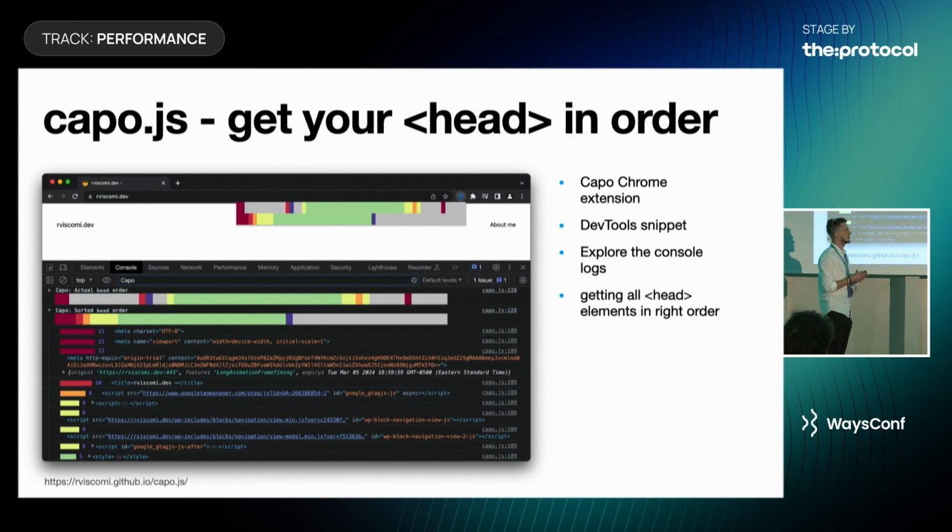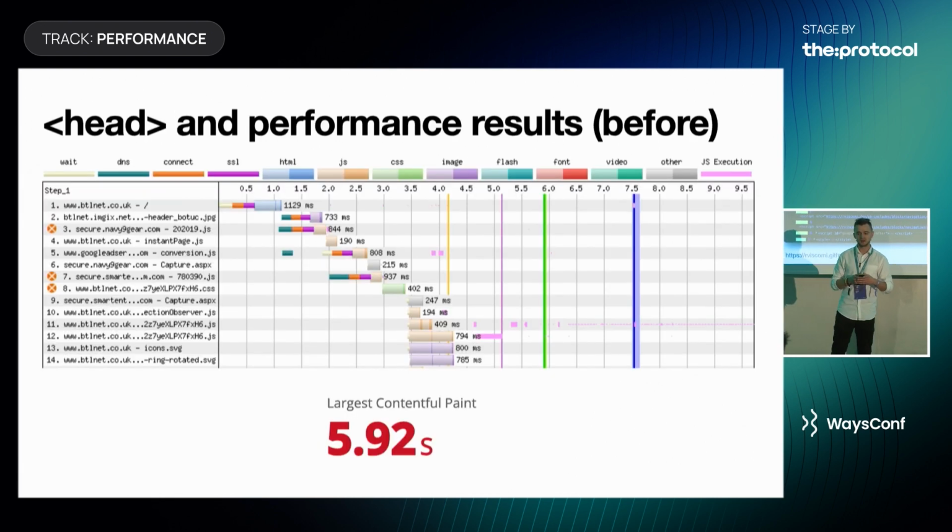It can be installed as a Chrome extension, but it can also be executed as a DevTools snippet. It returns the existing order of all the CSS and scripts in the head section of your website, and then returns the right order. So it is a tool that helps you get your head section in the right order.